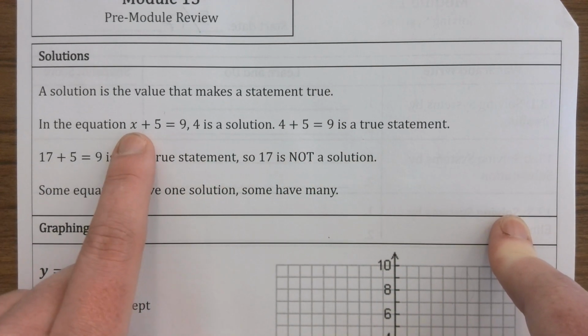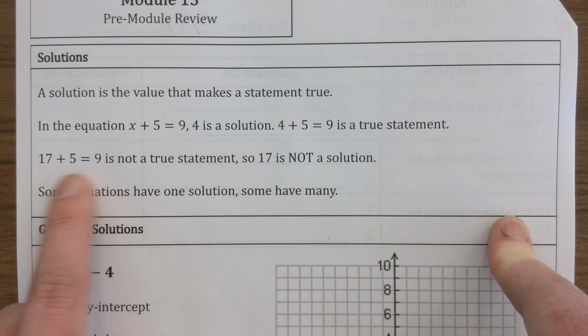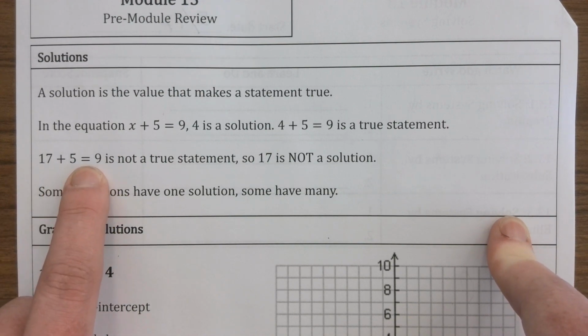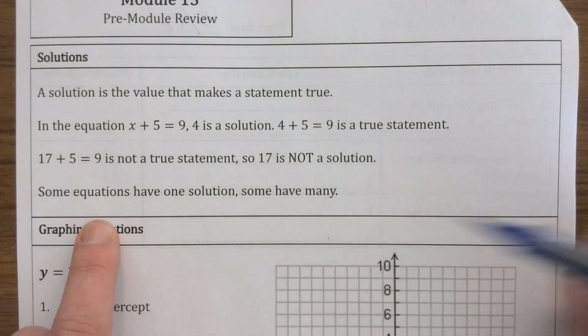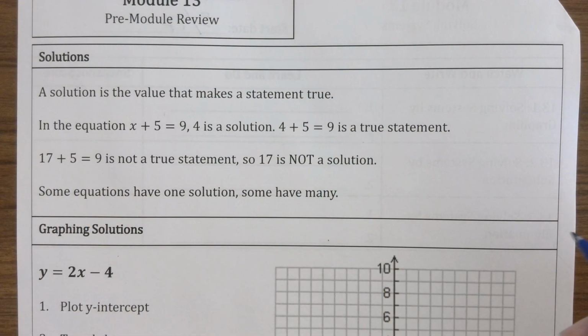If we replace x with 17, this is not true. 17 plus 5 is significantly larger than 9. So 17 is not a solution. Some equations only have one solution, and some equations have many solutions. So when we talk about solving systems of equations, we're solving for 1, 0, or many solutions between 2 equations.